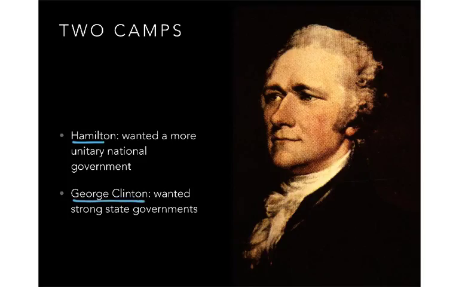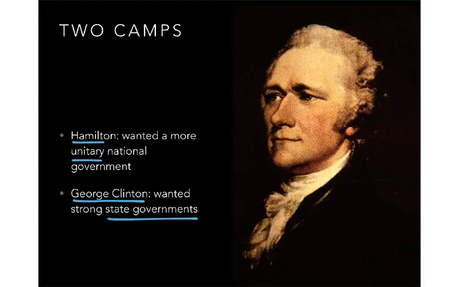One comes from Alexander Hamilton and others who end up being eventually the Federalists, who argue that the national government needs to be more unitary in form. And there's others who are going to argue, no, we still need to keep the strong sovereign states of the Articles of Confederation, like George Clinton, the governor of New York.